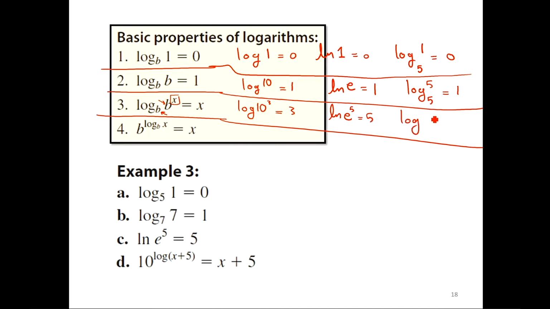Logarithm 5 to the power 4 to base 5: if the argument has the same base, the value equals the exponent. So we have 4. Okay.